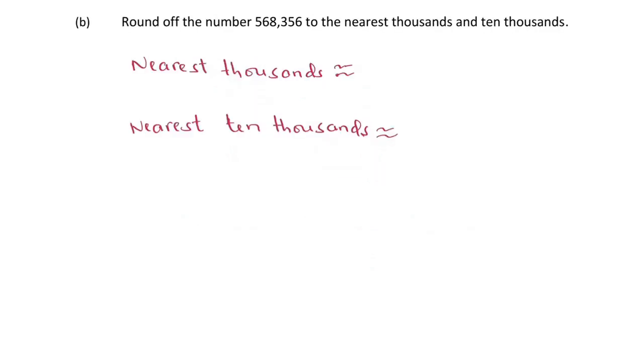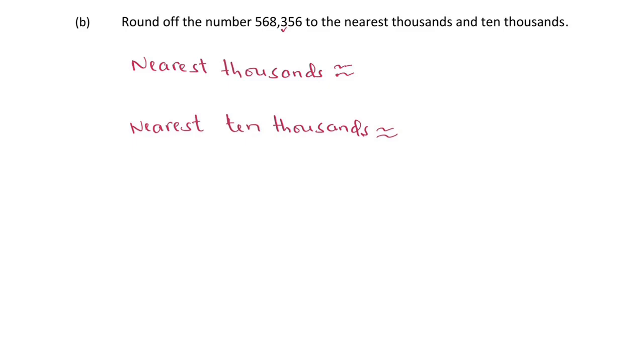For part B, round off the number 568,356 to the nearest thousandths and 10 thousandths. From the given information, digit 8 is at the thousandths place value, and to round off the number into a thousand, we look for the digit occupying the hundreds place value, which is 3.